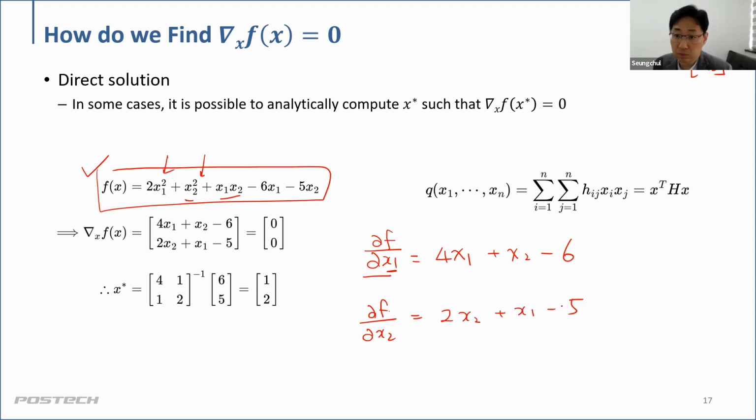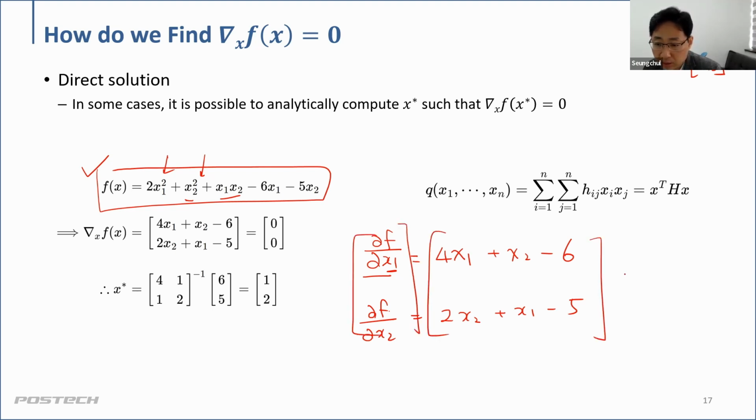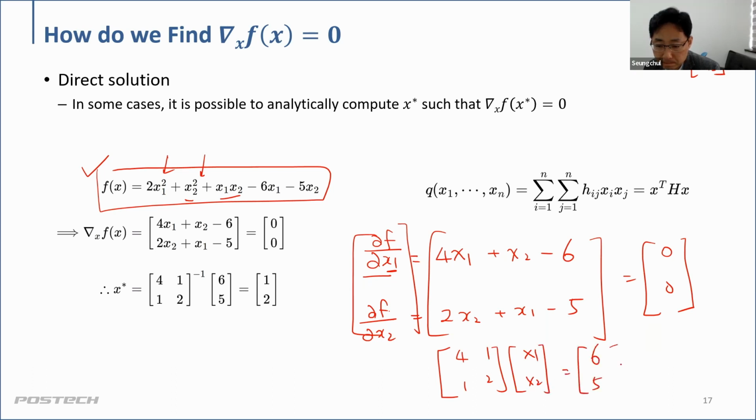Right? And we set that equal to zeros. And we know that we can compute it, we can invert it, so we can find the solutions.